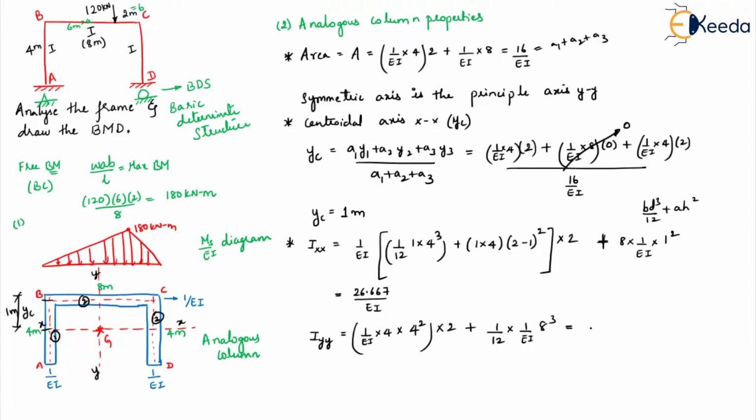So on simplification, you will get your YY also, which is 170.667 by EI. So here 1 by EI is too small. That's why, wherever we got 1 by EI whole cube, we are neglecting it. In both the places we have neglected it. That's why I have not written the extra portions. Understood? So this is your IXX and IYY.